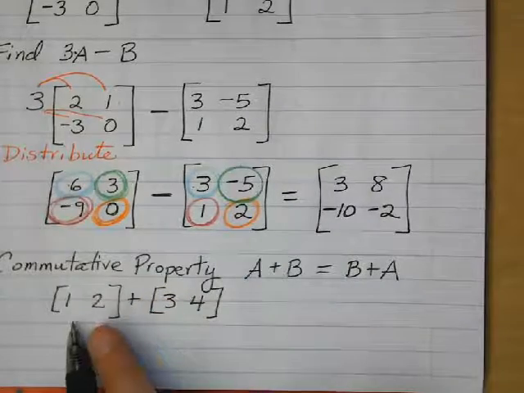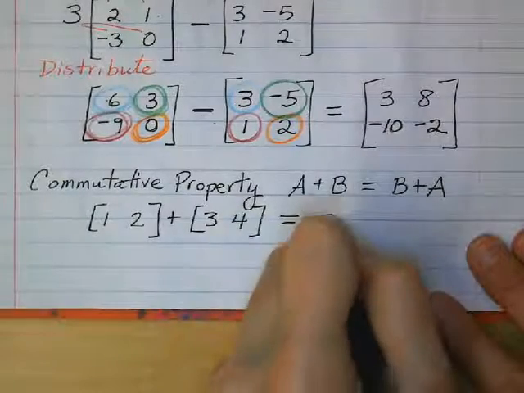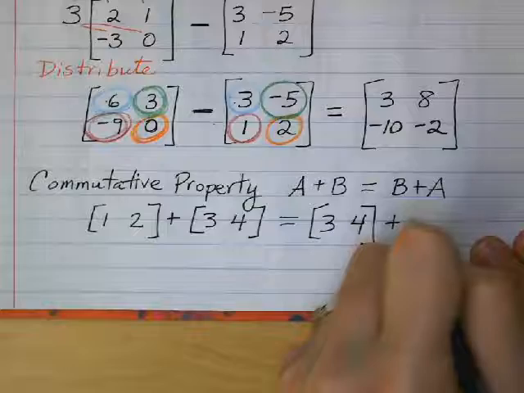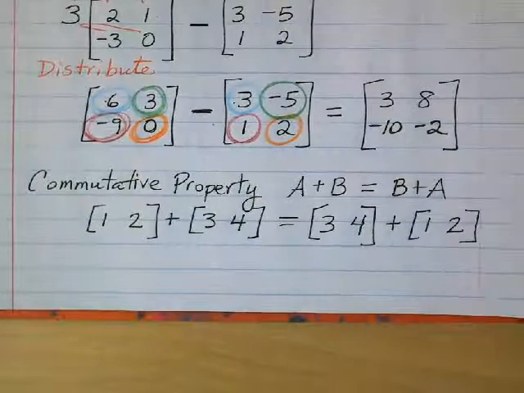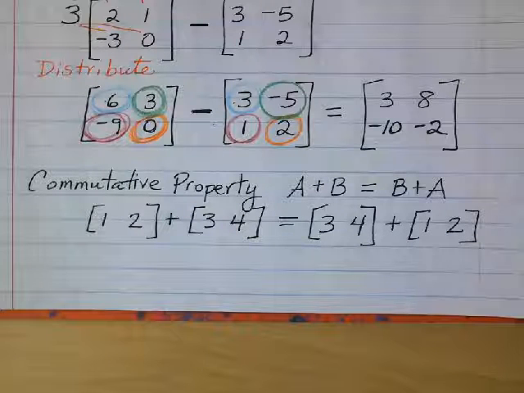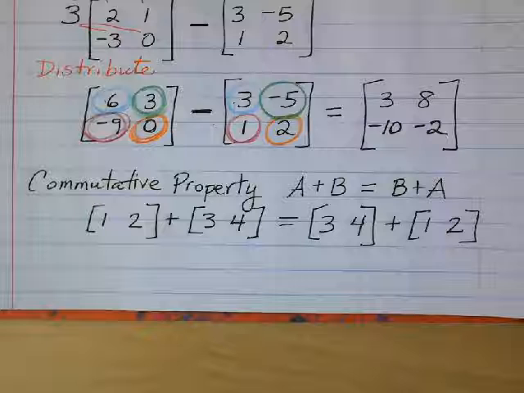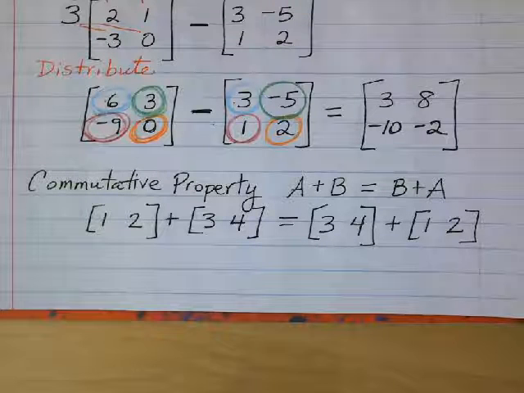If I add matrix 1, 2 plus the other matrix that says 3, 4, do you think that's the same answer as if you put 3, 4 first, and then added matrix 1, 2? The commutative property says that if you switch the order of these, you should get the same answer. Hopefully that makes sense. Like 5 plus 2 is the same as 2 plus 5. You can switch the order of things.